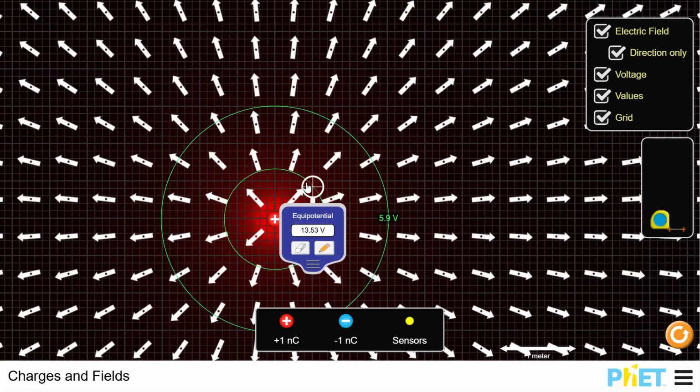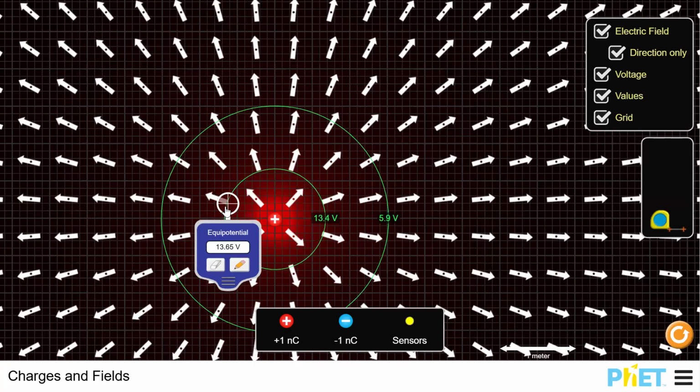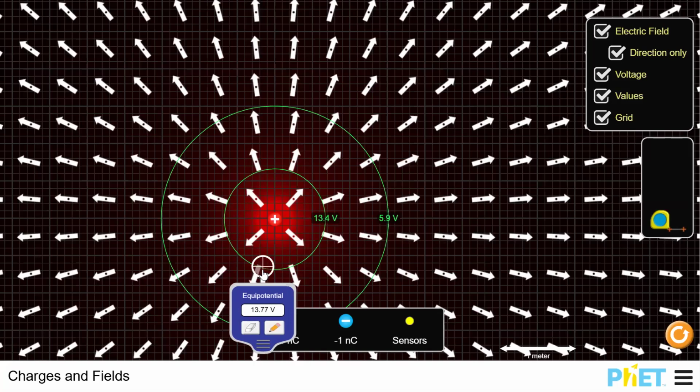You can see 13.4, like that. So this is an equipotential surface. The equipotential surface is always perpendicular to the electric field lines. You can see that. And also, there is no work done when a charge moves along the equipotential surface from one point to another. Okay, good.